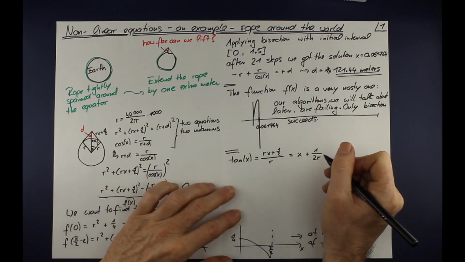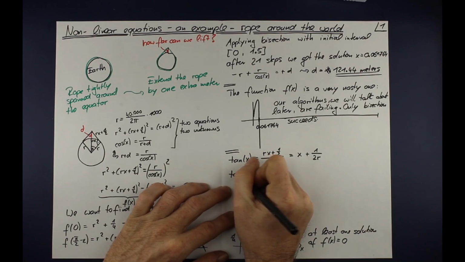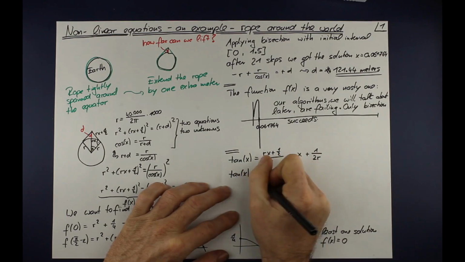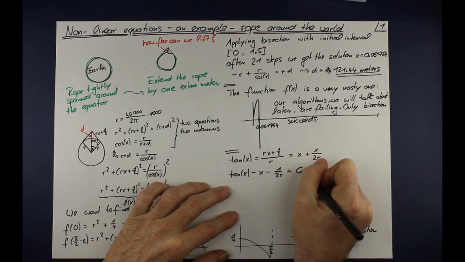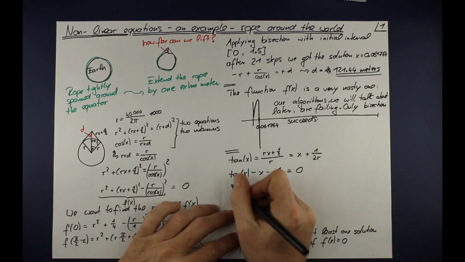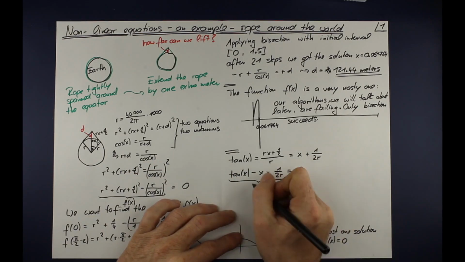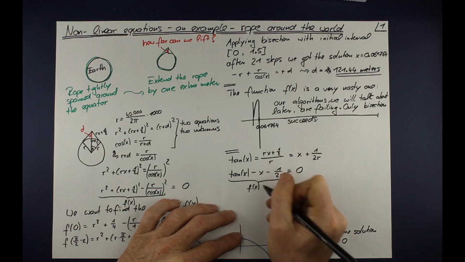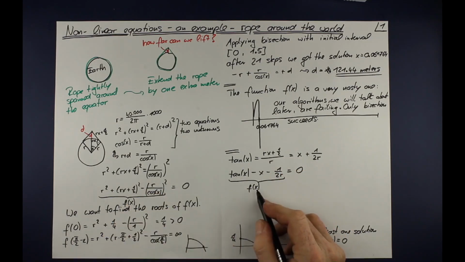And now we can formulate tangent x minus x is equal to 0, and we can alternatively look for the roots of that function.